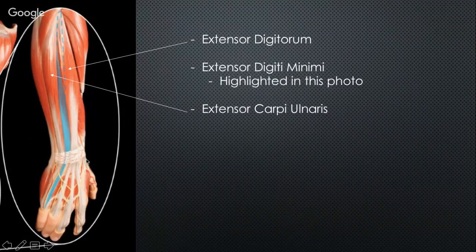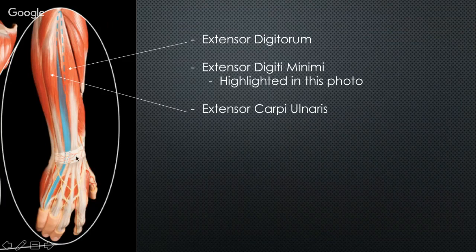So like I said a minute ago, when the back of the hand is facing you, these will be extensor muscles. They'll extend your fingers or extend your hand. So extensor digitorum, extend your fingers. It's this whole muscle right here that the arrow is pointing to. And then these tendons come down to the fingers.